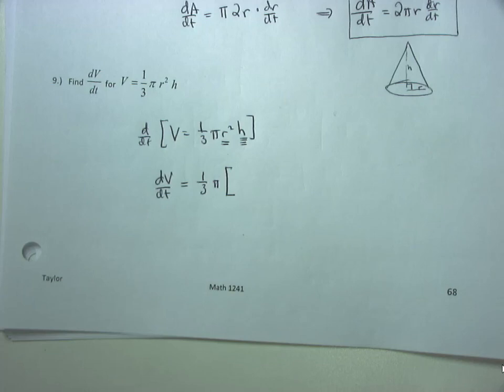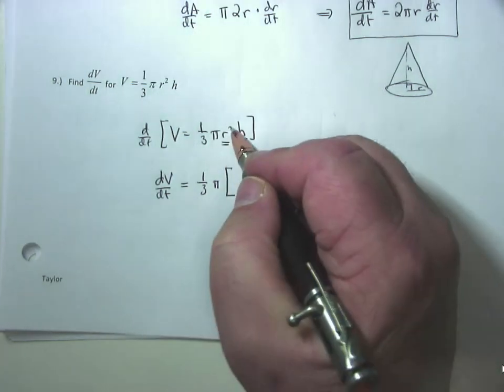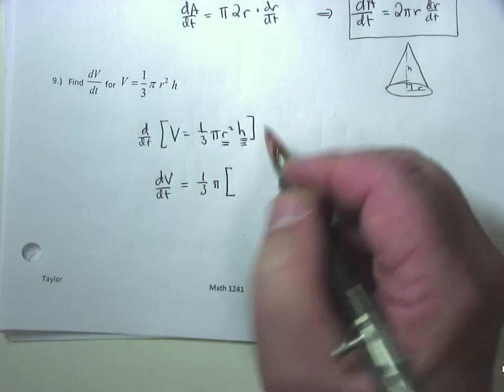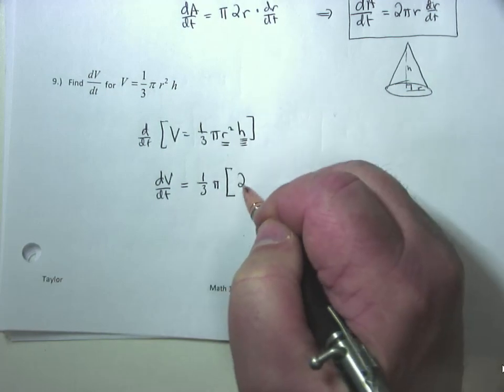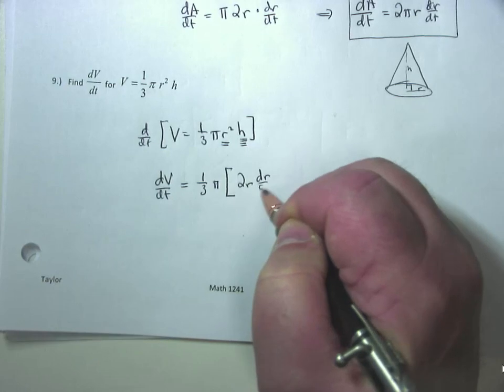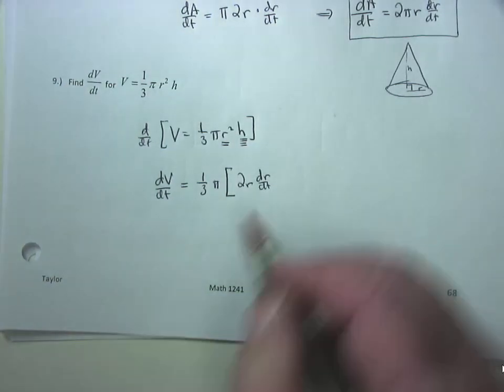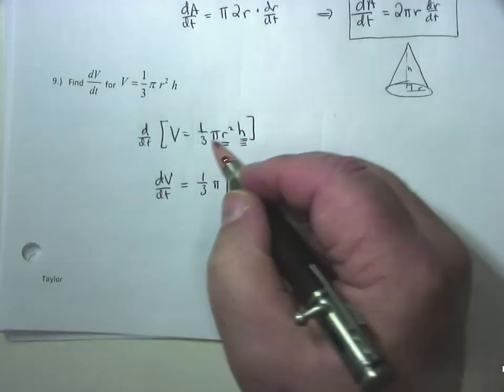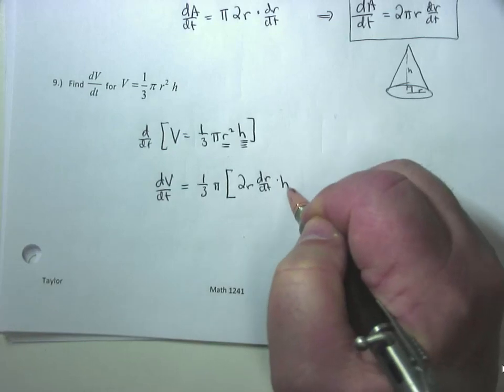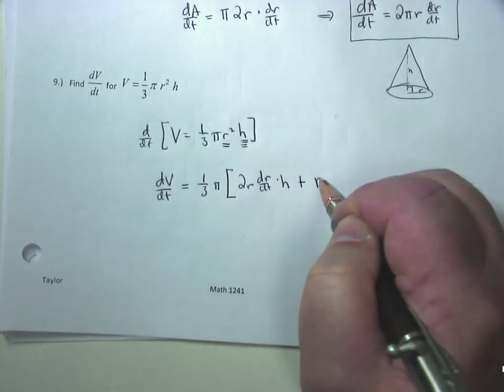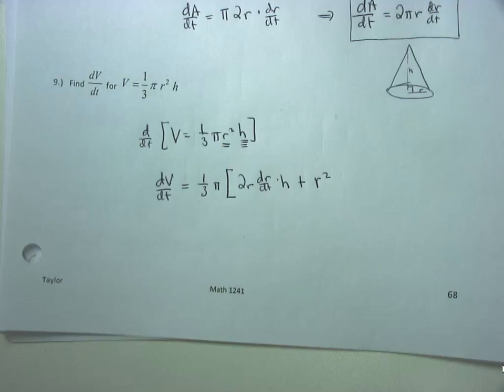How do I take the derivative with respect to t of r squared times h? Product rule. Derivative of the first times the second plus the first times the derivative of the second. What's the derivative of r squared with respect to t? Well, we just did that a few seconds ago. That would be 2r dr over dt. That's the derivative of r with respect to t. Derivative of the first times the second, times h, plus the first, r squared, times the derivative of the second. What's the derivative of h? 1.